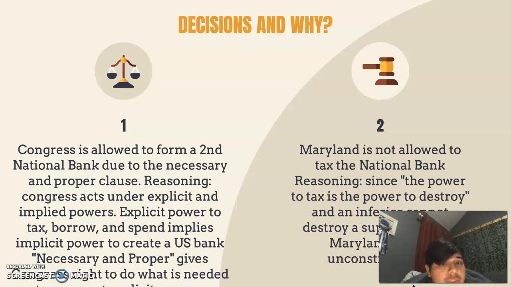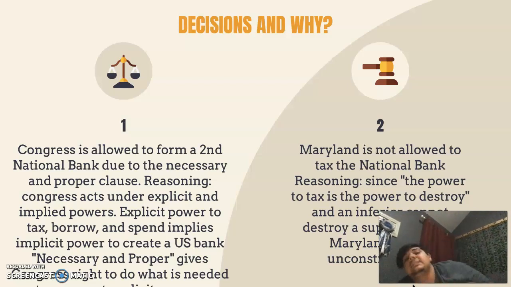Indeed, they were, due to the necessary and proper clause. The reasoning is that Congress acts under explicit and implied powers. Explicit powers to tax, borrow, and spend imply an implicit power to create a U.S. bank, which is under necessary and proper, and gives Congress the right to do what is needed to carry out explicit powers.